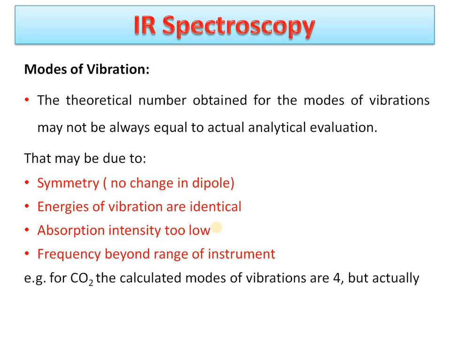For example, for CO2 molecule, the calculated modes of vibration are 4. But actually, only 2 will be absorbed after IR analysis.